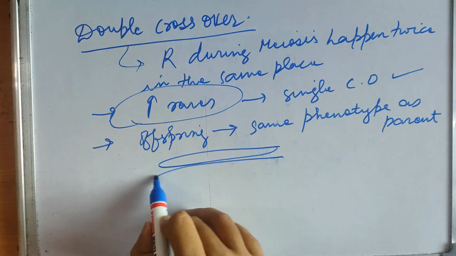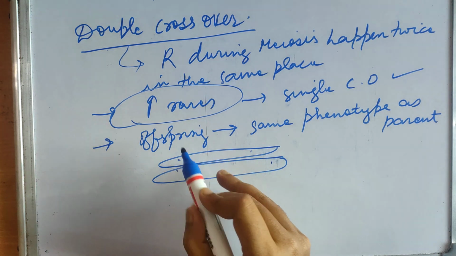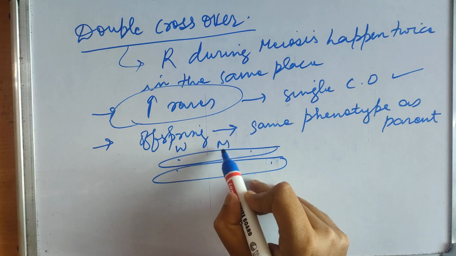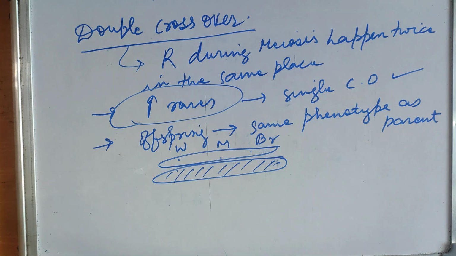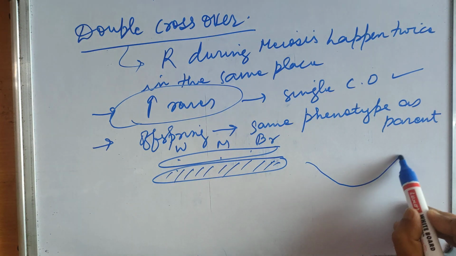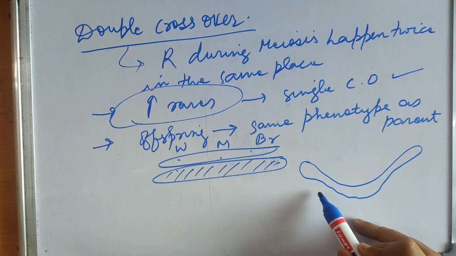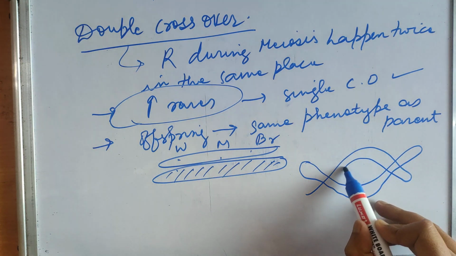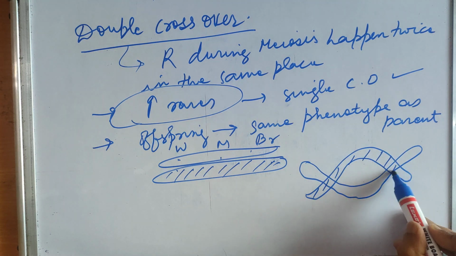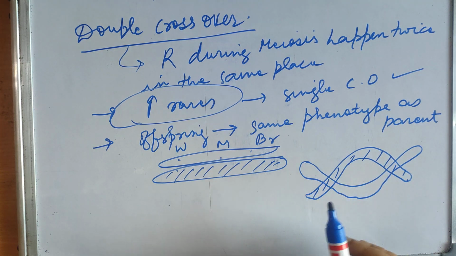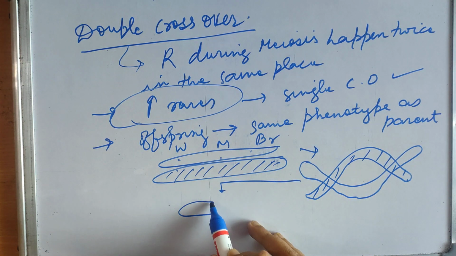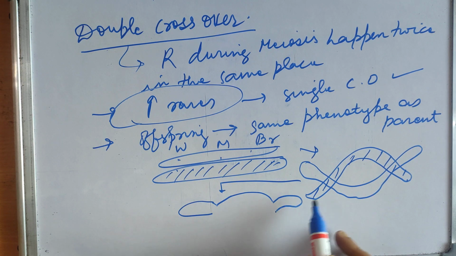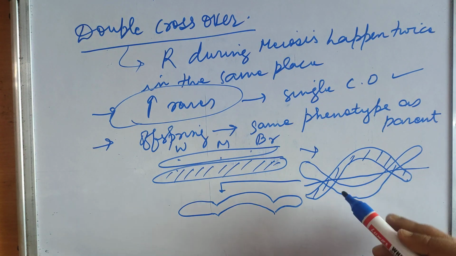So we will see how double crossover happens. Suppose these are two non-sister homologous chromatids, labeled W, M, B, R. This one is colored, this is non-colored, and they are crossing over here. So this portion will break and this portion will break.